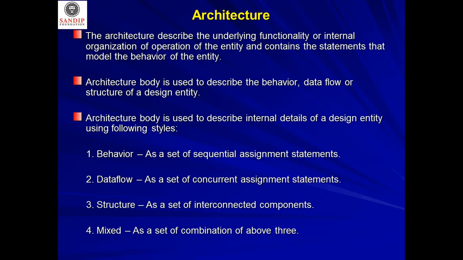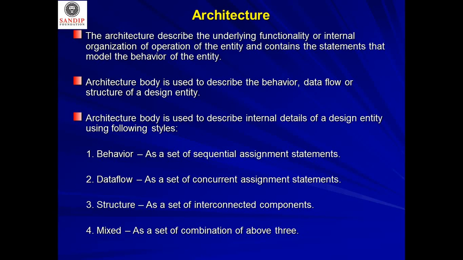Next, the most important fundamental unit of VHDL code is the architecture. The architecture describes the functionality or internal organization of operation of the entity, and it contains the statements that model the behavior of the entity. Means by using architecture we can describe the functionality or operation of any electronic circuit.